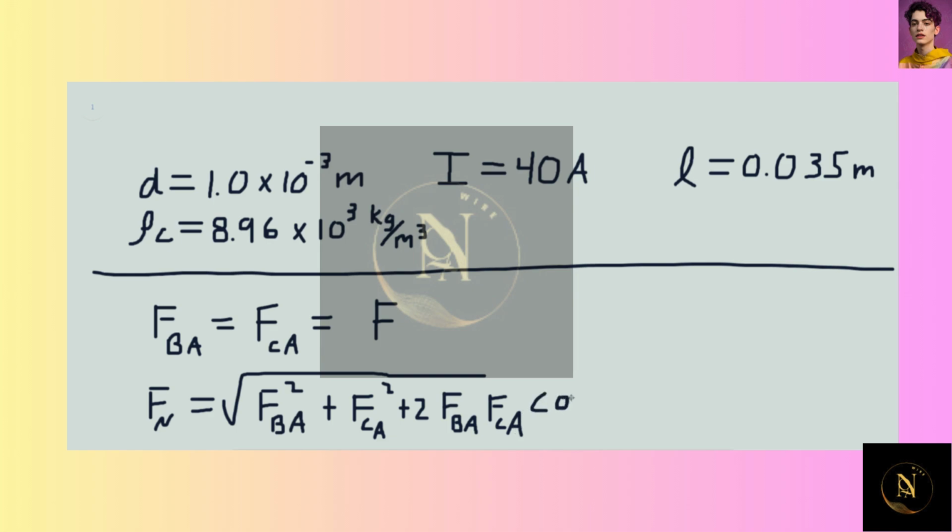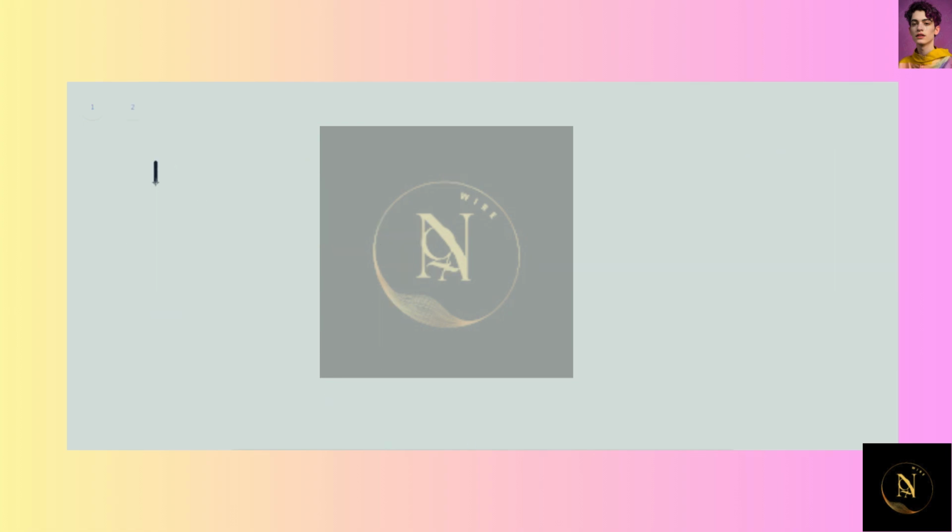The angle in between would be 60 degrees from the figure. This is all under the square root. But we said that FBA is equal to FCA, and they're all equal to F.